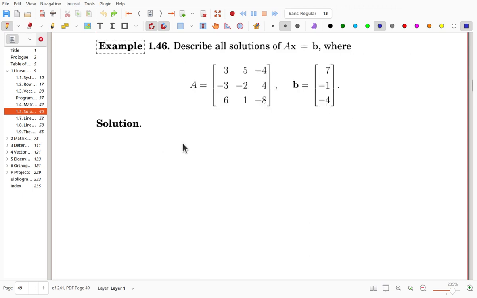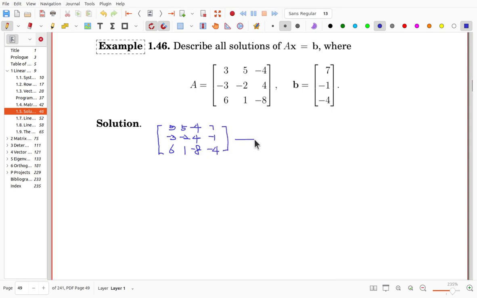Now the augmented matrix is [A b]. A has first row 3, 5, minus 4, with right side 7; second row minus 3, minus 2, 4, with right side minus 1; and third row 6, 1, minus 8, with right side minus 4.